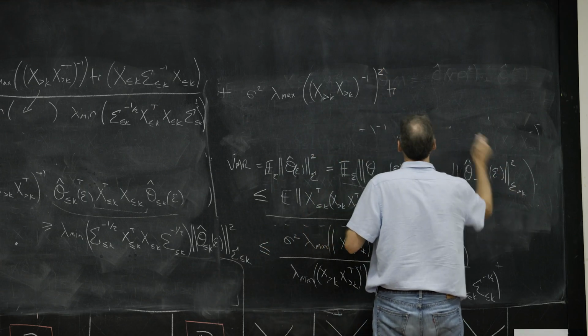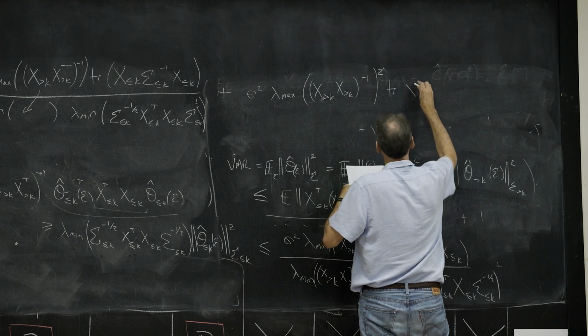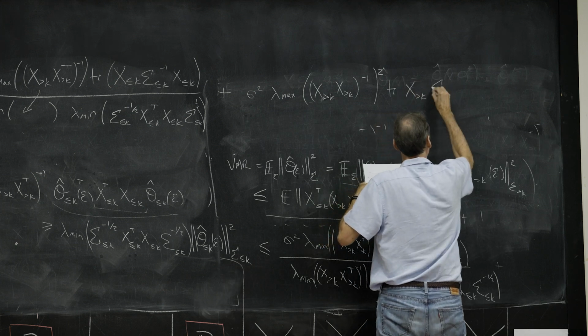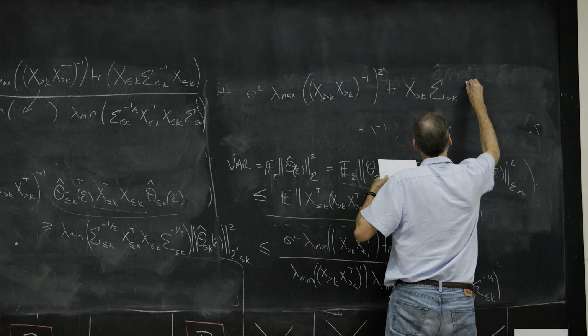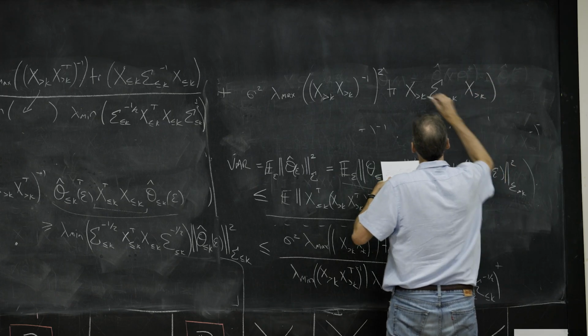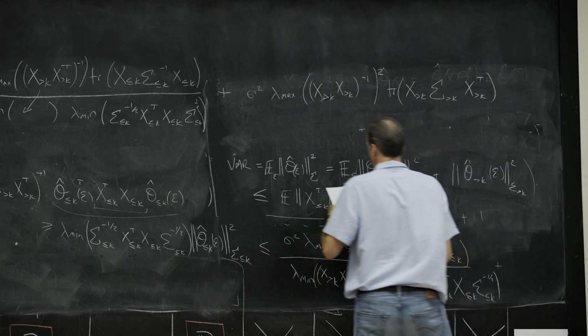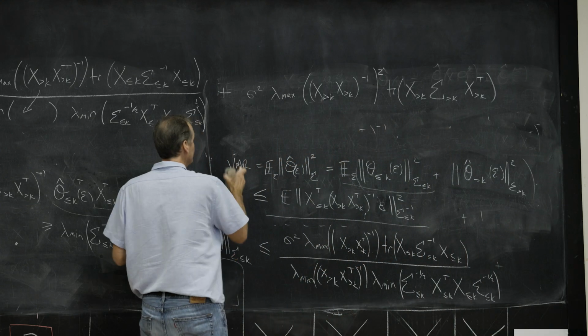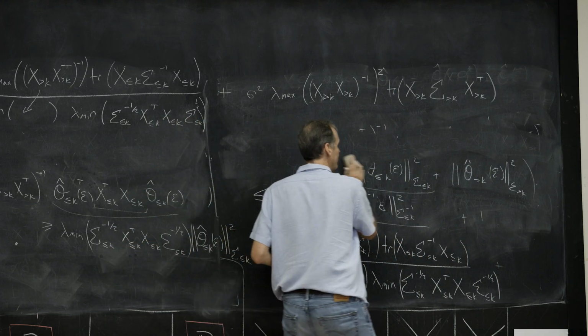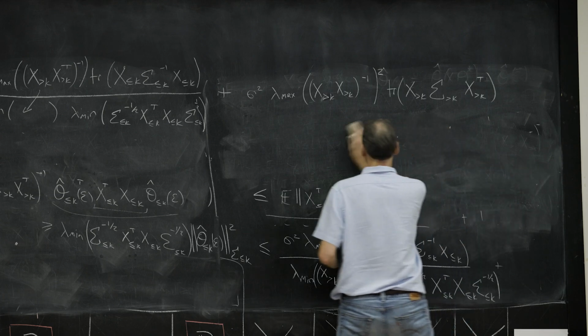Times the thing that's in the middle here, which has the x transpose for these tail guys, with a transpose in the right place. And they're the two terms in our upper bound on variance.